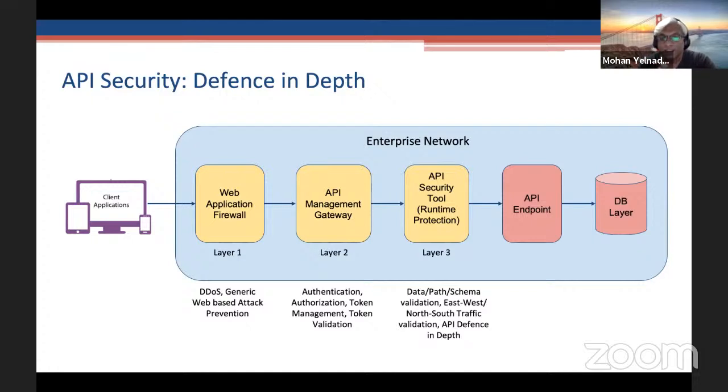And then RASP tools can be configured to do some additional checks which are context specific. Imagine a request has come which has bypassed the WAF and any other firewall and layers, and come to the API endpoint or web server.